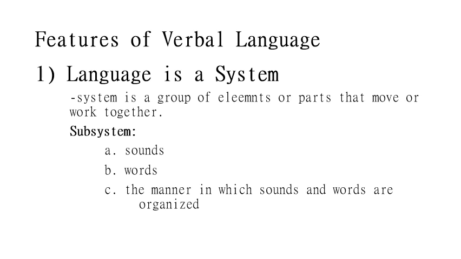When we say language is a system, a system is a group of elements or parts that move or work together. With that we have three subsystems, namely the sounds, the words, and the manner in which sounds and words are organized.